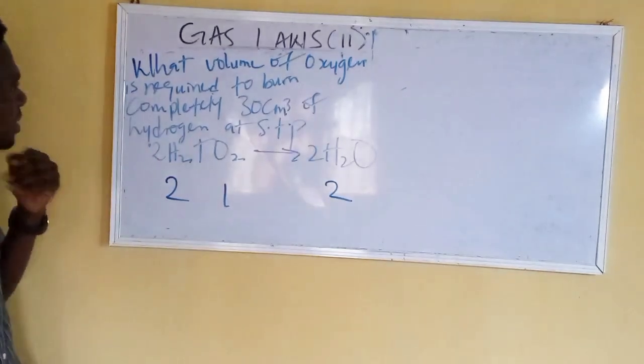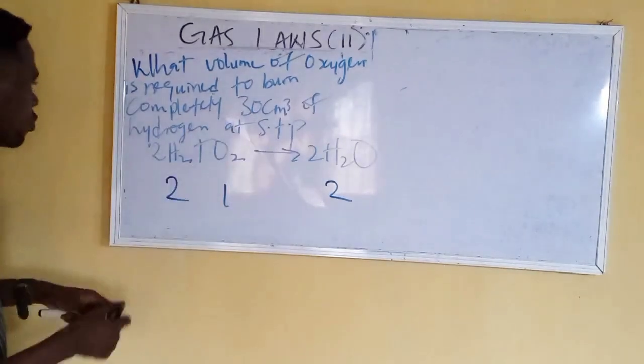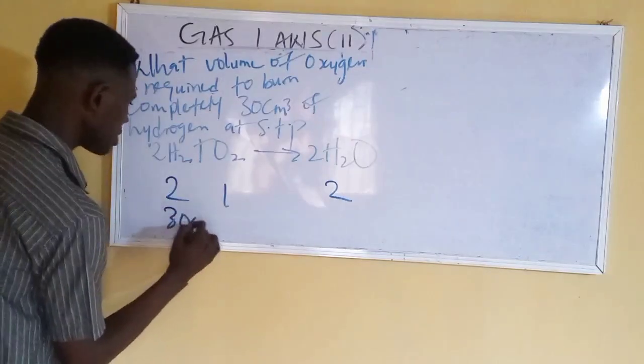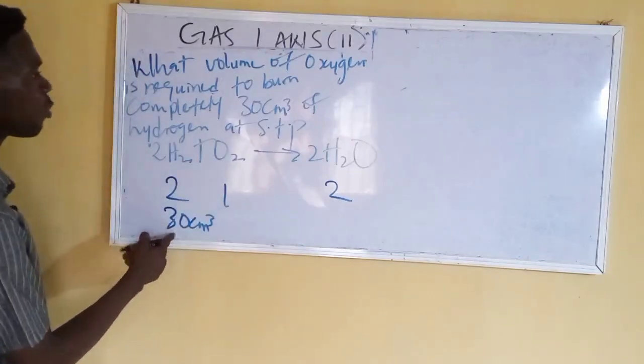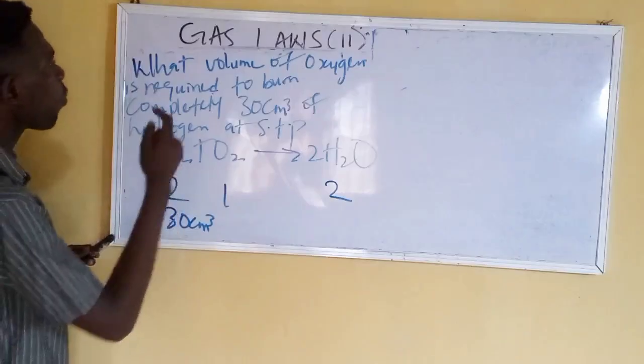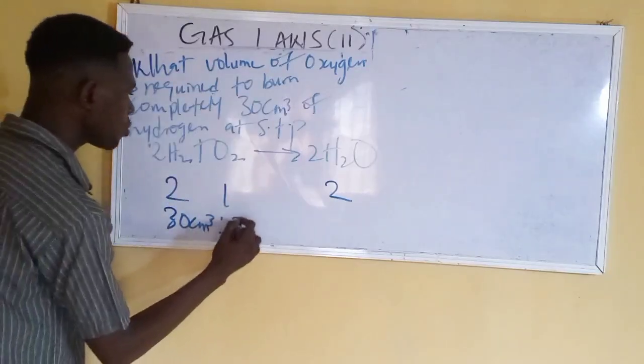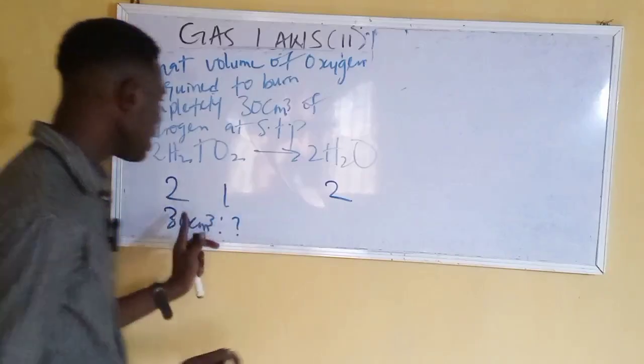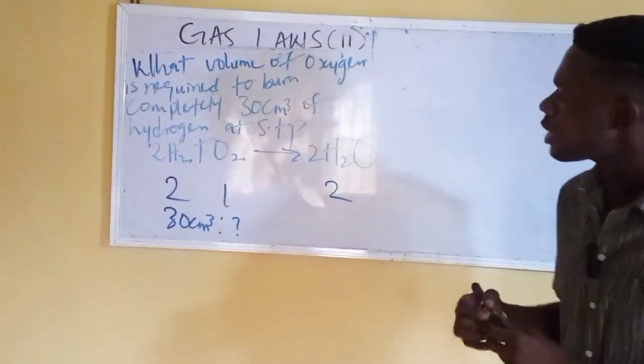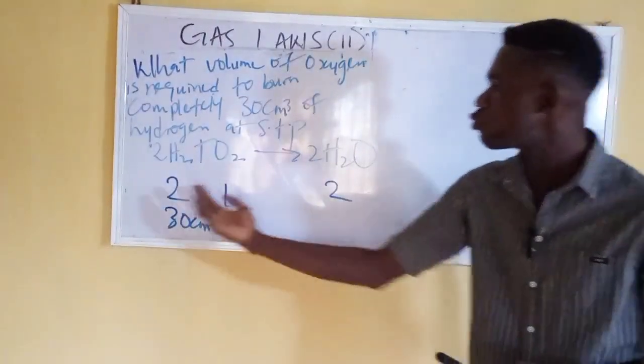Now, it says 30 centimeter cube. So that means this here is 30 centimeter cube of hydrogen gas. Now, what is the volume of oxygen gas required to burn this? So this becomes unknown. The ratio at which these things combine is 2:1.